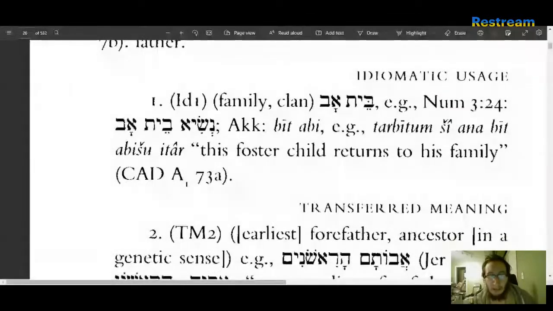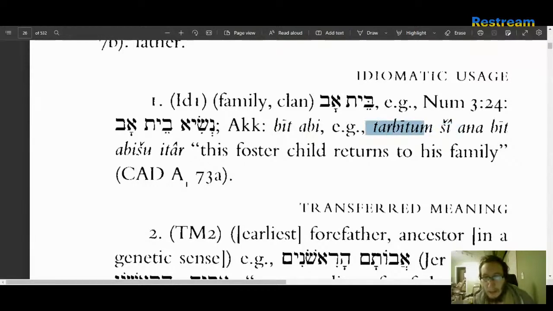We take a look at this, and we see the same phrase occurs in Akkadian. Bit abi, house of the father. So then we have an Akkadian sentence where it occurs.